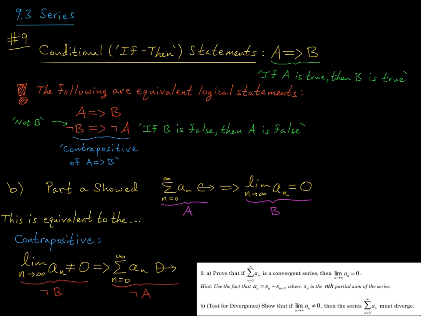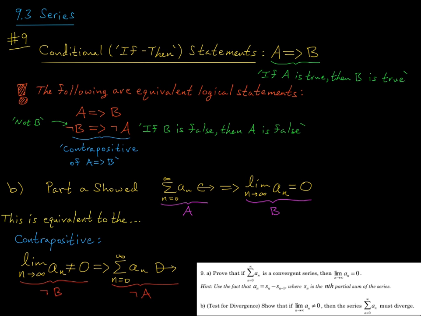So what the contrapositive here is saying is that the limit as n approaches infinity of a sub n not being 0 implies the series diverges. And so in other words, part A, all the work we did there, immediately implies the result in part B just from appealing to the fact that any conditional statement is logically equivalent to its contrapositive.